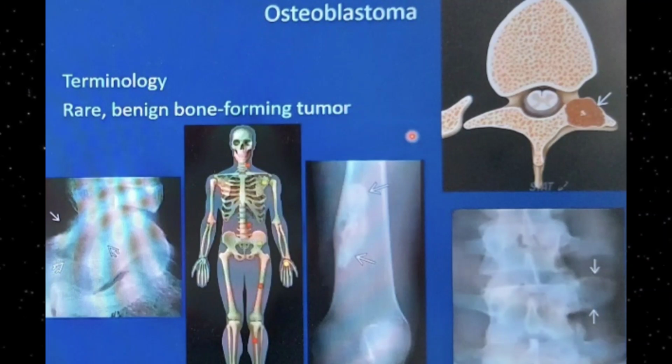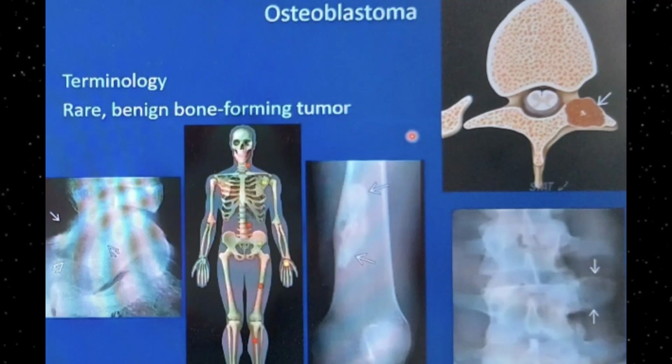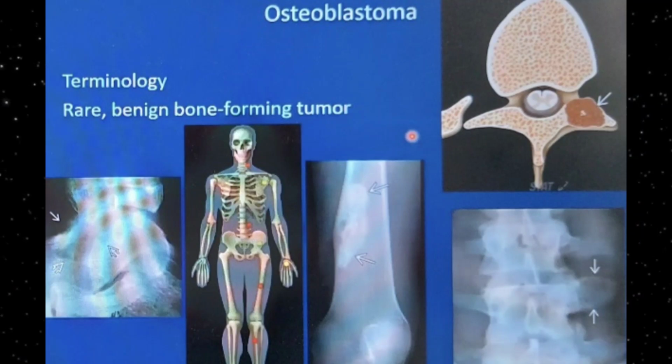Here on the right side you can appreciate that the transverse process of the lumbar vertebra is expanded with a particularly lytic lesion, expansion of the cortex, it is intramedullary, and it also causes painful scoliosis. So this is the characteristic of osteoblastoma, and these are the sites for osteoblastoma.